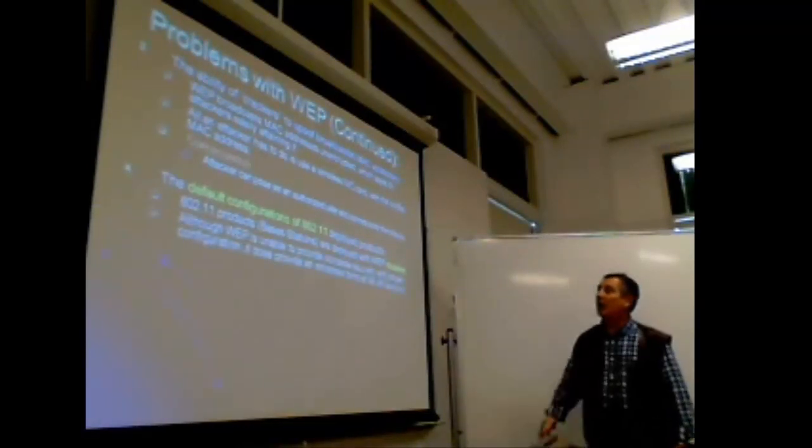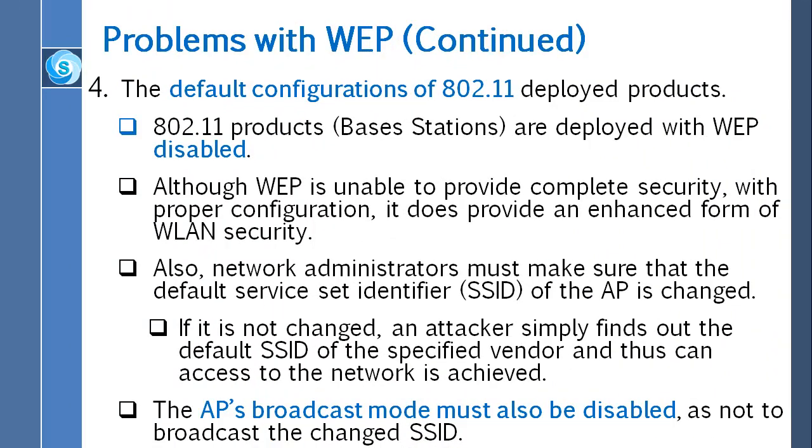Although WEP is unable to provide complete security, with proper configuration it does provide an enhanced form of VLAN security. We are not saying that it is a good security, but we are saying there is some level of security. Maybe for ordinary people it's okay.